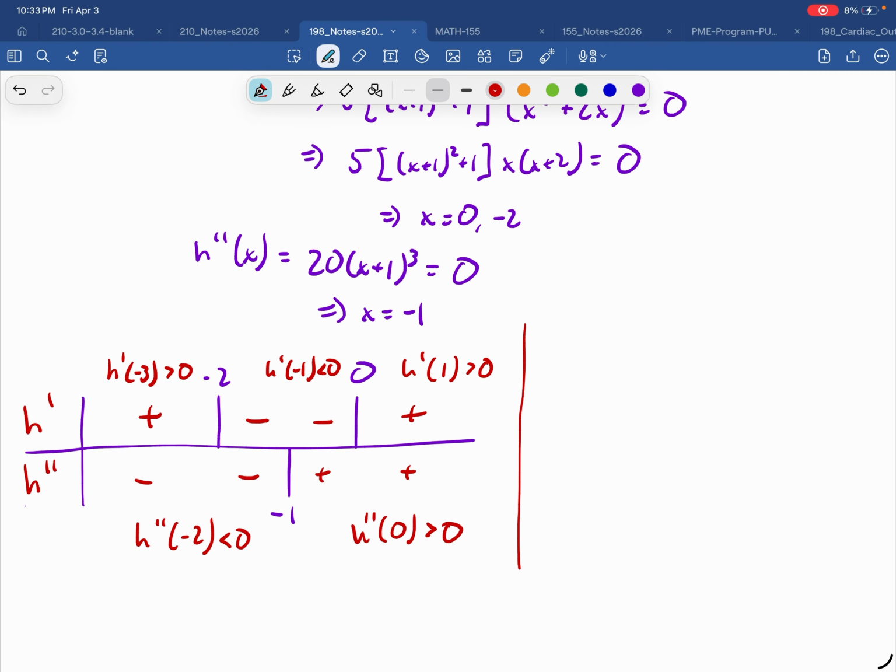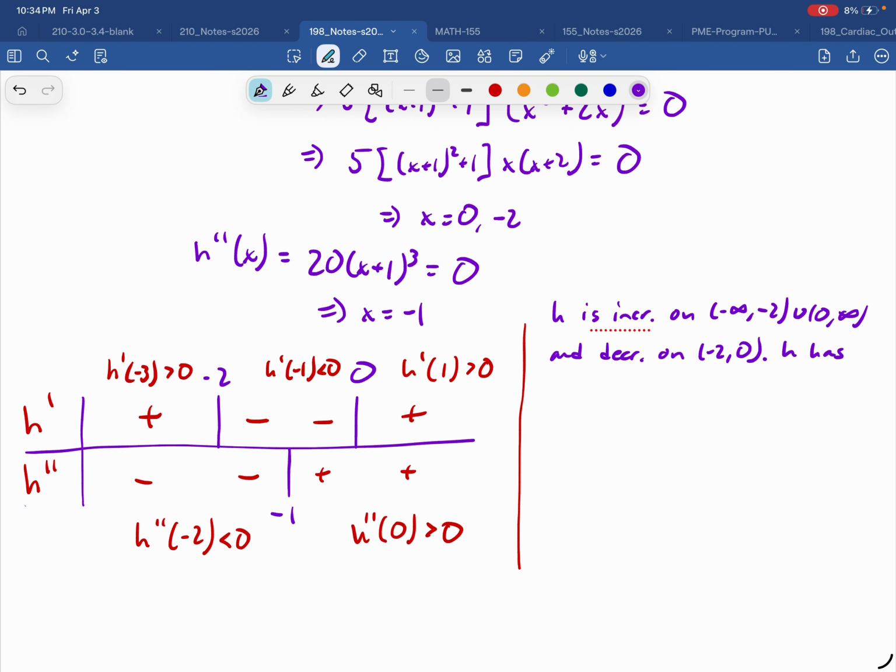And I'll just say, okay, what do we have? H is increasing on -infinity to -2, union 0 to infinity, and decreasing on -2 to 0. Remember, we always use open intervals.